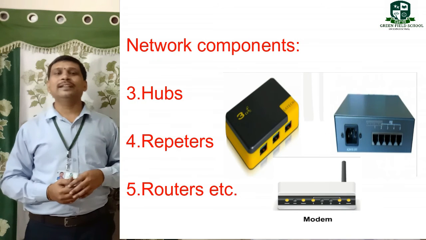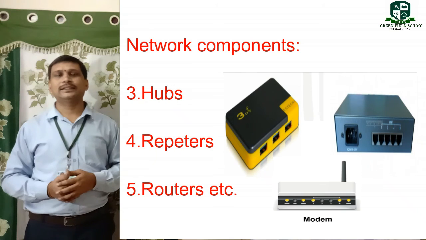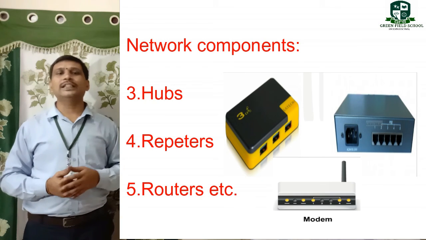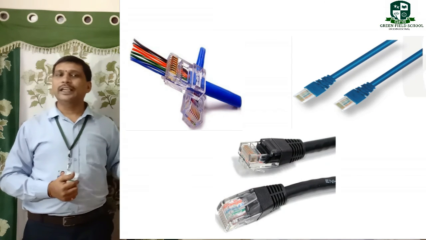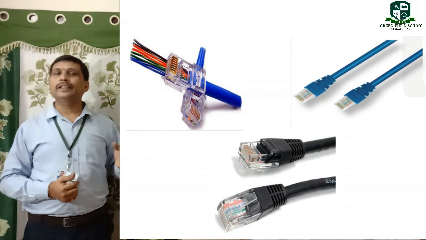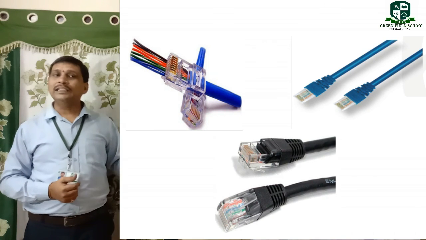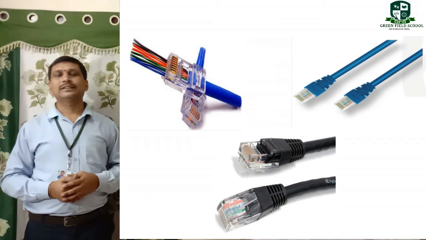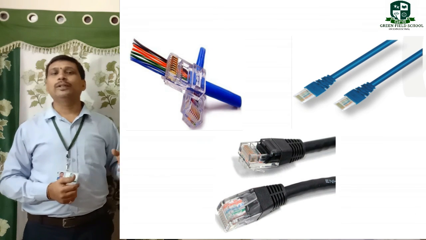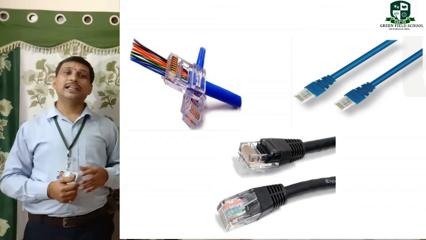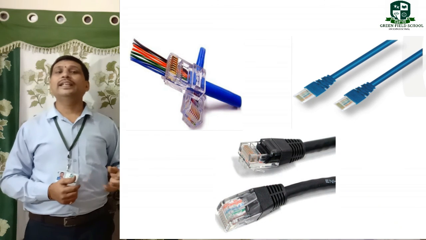So when you are constructing networking components like hubs, repeaters, routers, and communication channels, physical links to establish are wires, cables, twisted pair cables, optical fiber cables, and RJ45 connectors. These are all used in our computer network. These are all networking components when you construct any network.